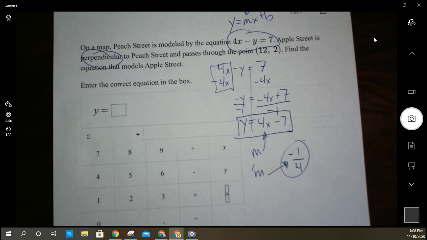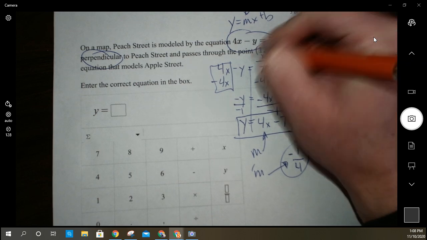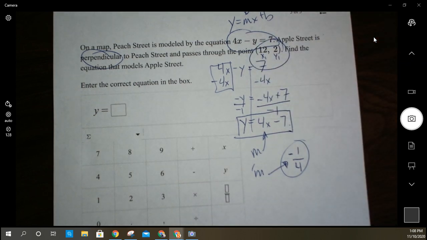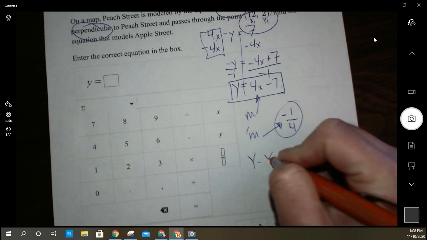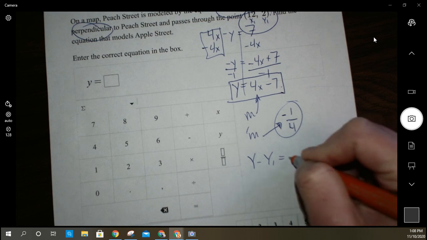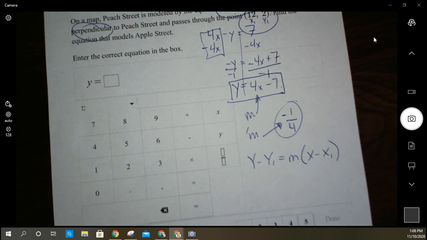We also need to then just use our point slope form and input our x1 and our y1 from the new line that we're going to make an equation for. So let's go ahead and do that. All right, there's our point slope form.